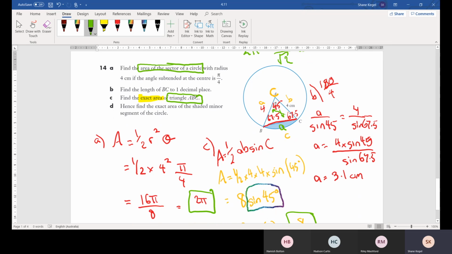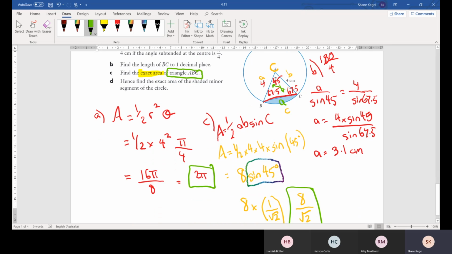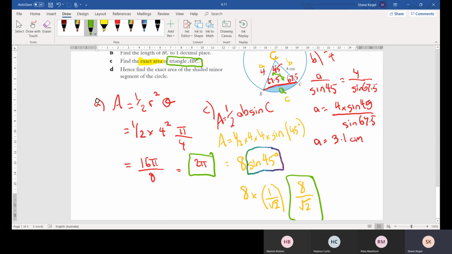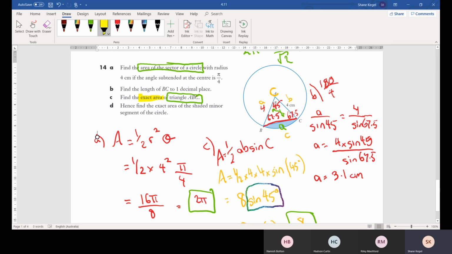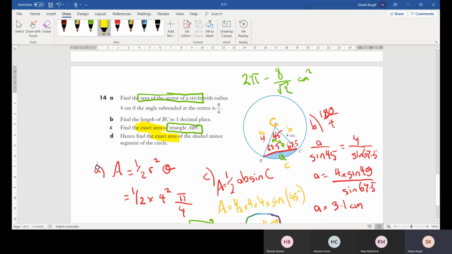Okay, so that one was quite tricky, but we did get there in the end. So again, just be careful of your exact areas. And we're looking for exact area here of the minor segment. So that would also suggest that we can't simplify this answer here either. So yeah, so good luck with 411. Finish the recording there.